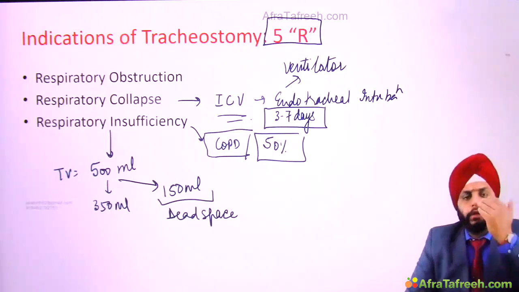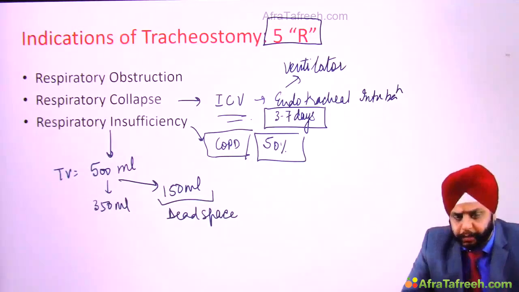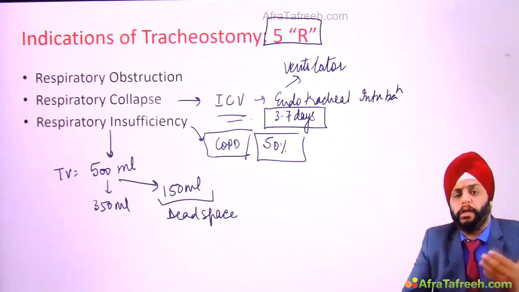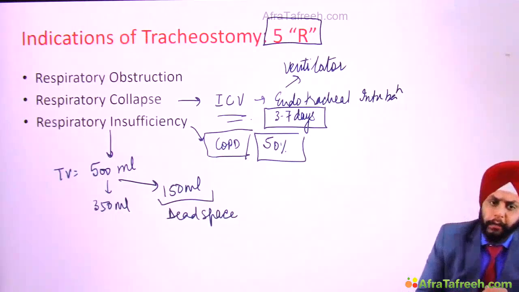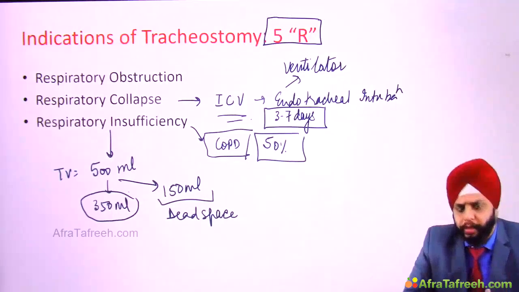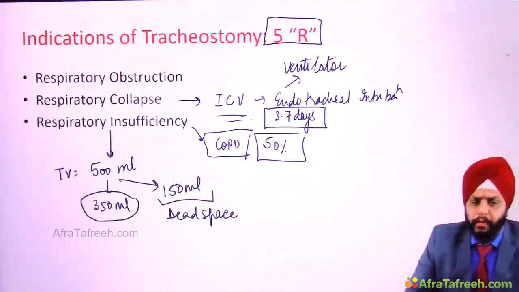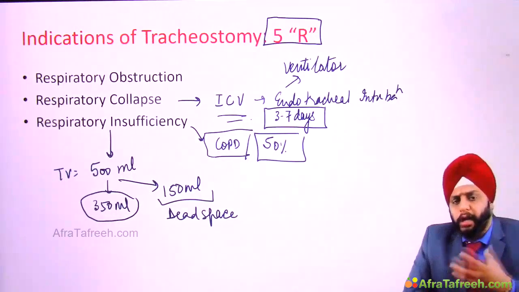What is the dead space? Your nose, your pharynx, your larynx, your trachea, that's the dead space where gaseous exchange does not take place. So only 350 ml takes part in the gaseous exchange. That is the alveolar space volume. Now, I am saying 50% of the alveoli are not working.